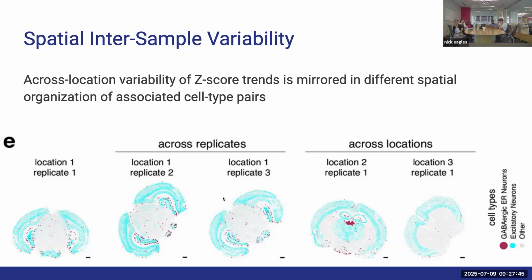The spatial pattern is not obviously very different. Whereas across locations, the difference in these z-score trends is also reflected in a different spatial organization of the GABAergic neurons relative to the excitatory neurons. This could probably show up in many different ways, but basically it's reflecting a different spatial organization of the tissue.